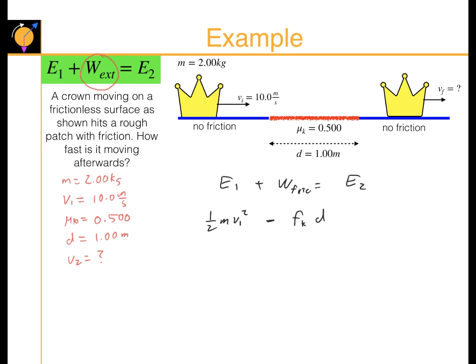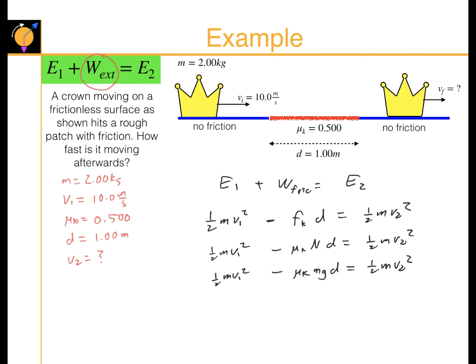And I'm saying minus because it's negative, it's taking energy out, is equal to E final, which is 1/2 mv2 squared. So 1/2 mv1 squared minus mu kinetic times the normal force times d is equal to 1/2 mv2 squared, and the normal force in this case is just mg, so minus mu kinetic m g d is equal to 1/2 mv2 squared.